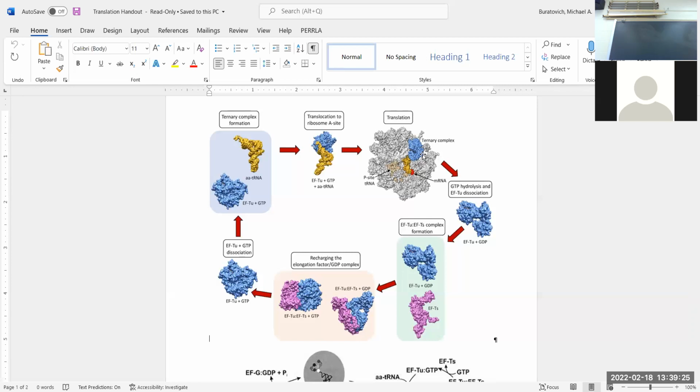And that exchange is catalyzed by this EF-Ts. EF-Ts binds to the EF-Tu and causes it to change conformation. That conformation has a very low affinity for GDP.